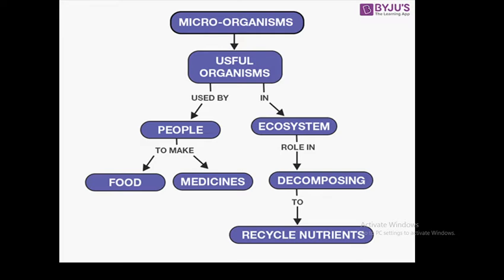The useful organisms are those which are used by humans to make food and medicine. Useful organisms in the ecosystem also play a role in decomposing dead organic matter into useful inorganic materials which are used by the plants, and we call it recycled nutrients.